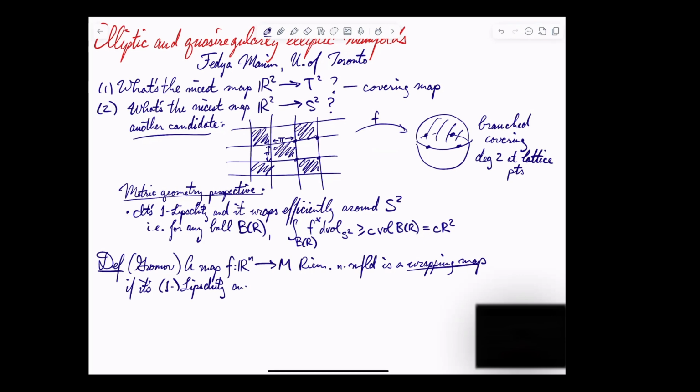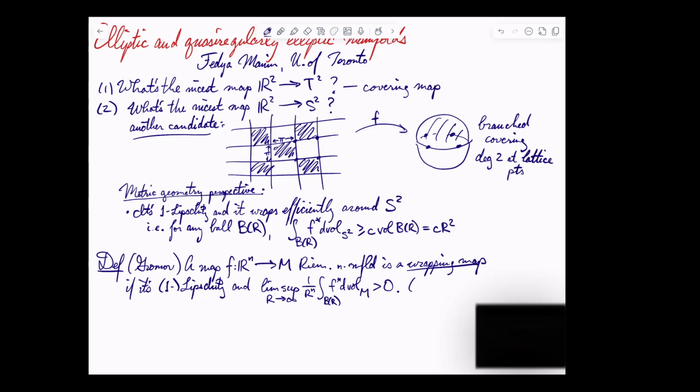The other piece is that as I take bigger and bigger balls, it might not be the case that every ball wraps efficiently around M, but at least some sequence of them do. So the lim sup of these integrals over the volume of the ball is positive.